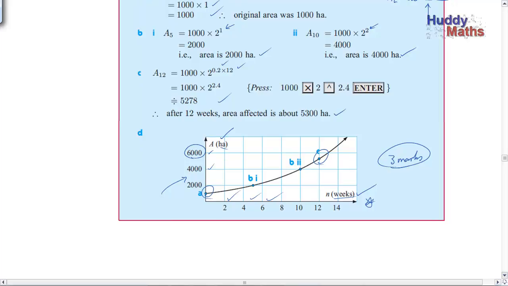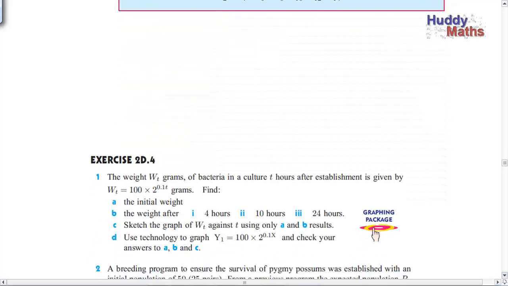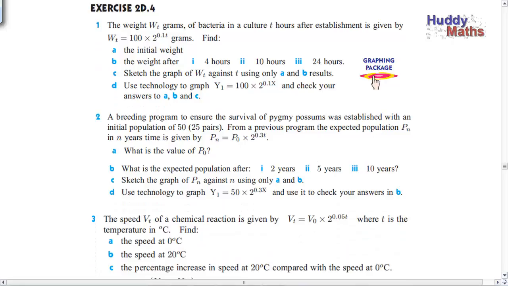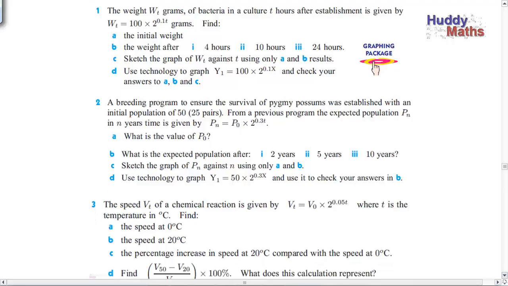All right, let's go down now and have a look at doing some. So here we are, question 1 and 2. They do the same thing. You use technology as well, but in exams you sometimes are asked to actually draw a graph, so you need to do it by hand as well. Let's look at question 3.